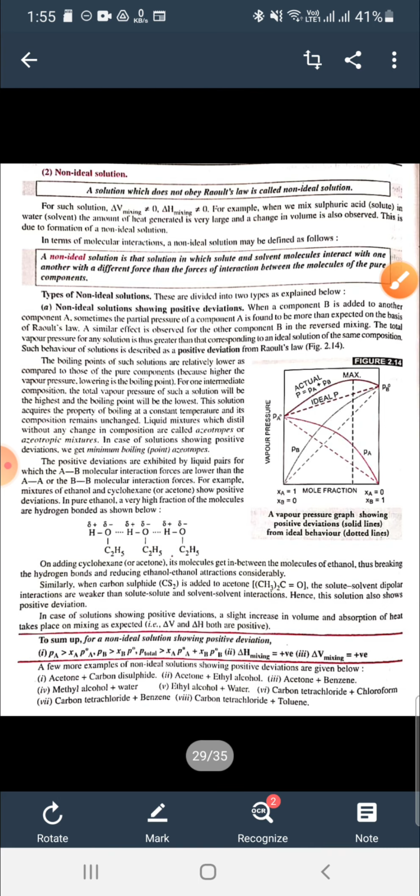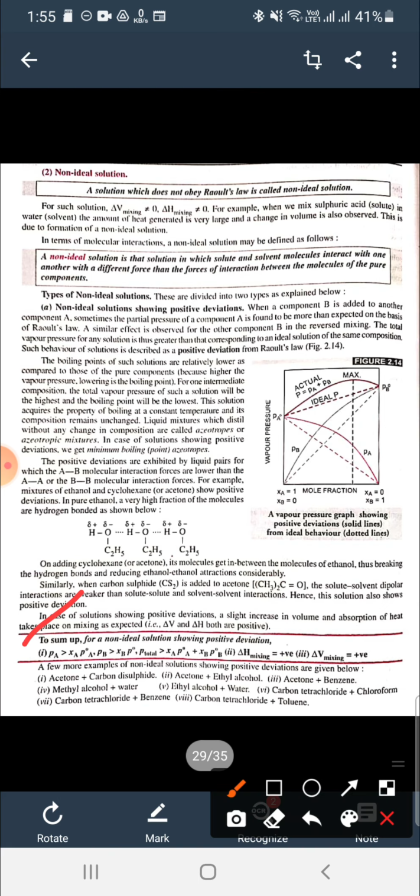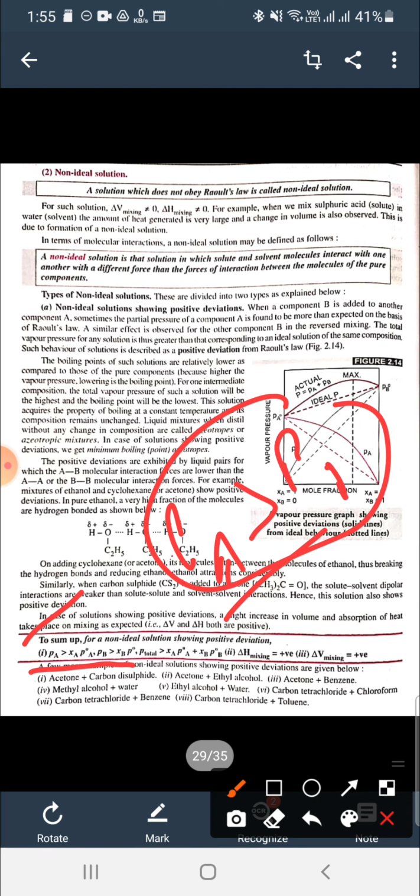To sum up, PA must always be greater than XA P naught A, and PB is always greater than P naught B XB. In Raoult's law these are equal, but for positive deviation these are greater than. Delta H mixing is positive, delta V mixing is positive.